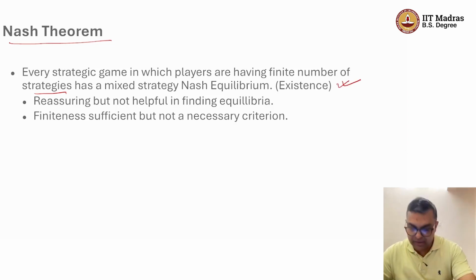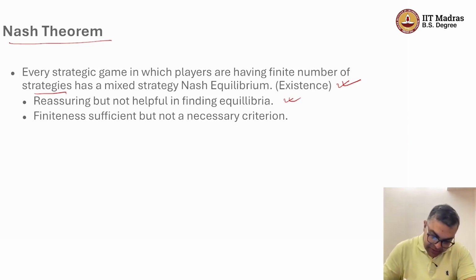There are two important things that we should note. It is reassuring that as long as you have a finite game and if you allow for mixed strategy, you are definitely going to have a mixed strategy Nash equilibrium. So Nash equilibrium exists, but it doesn't guarantee that we will be able to find such an equilibrium. In many complicated games, we are not able to find Nash equilibrium yet.